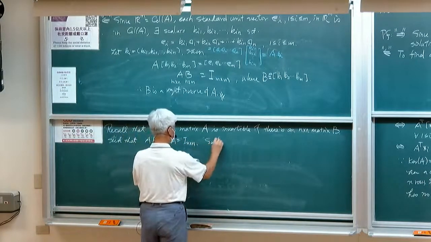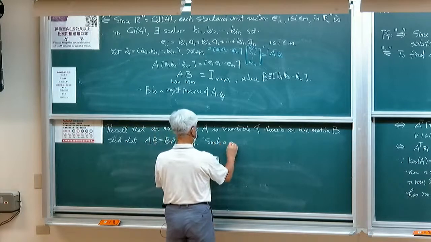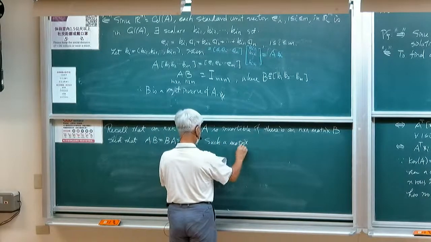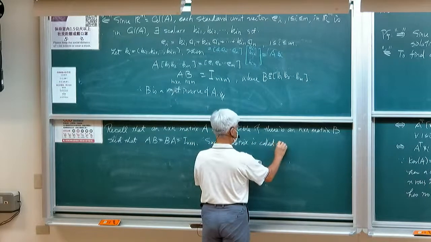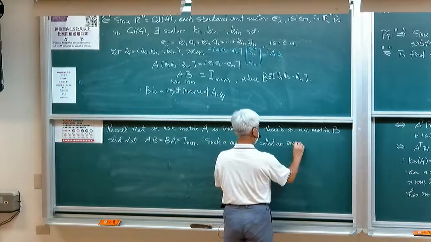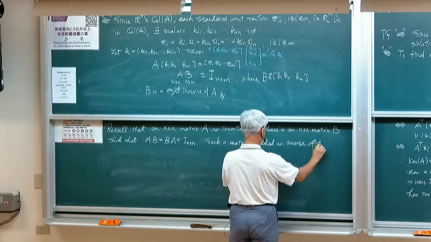And we know such a matrix is called an inverse of A.